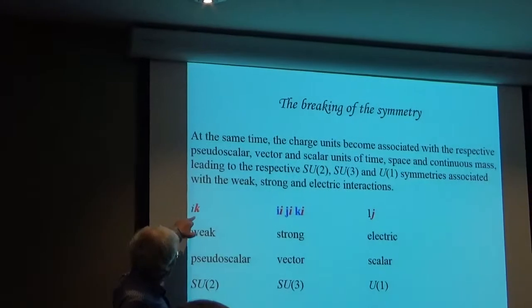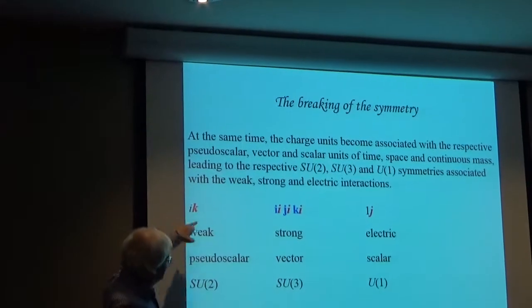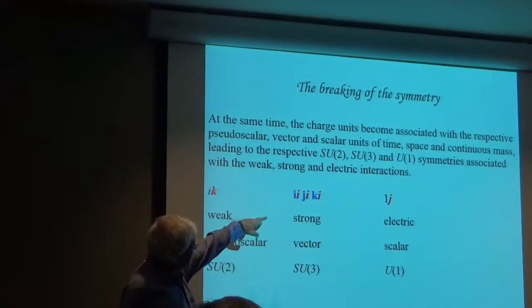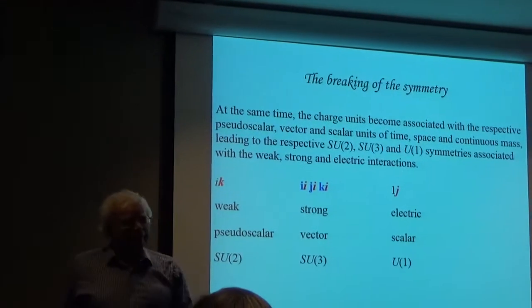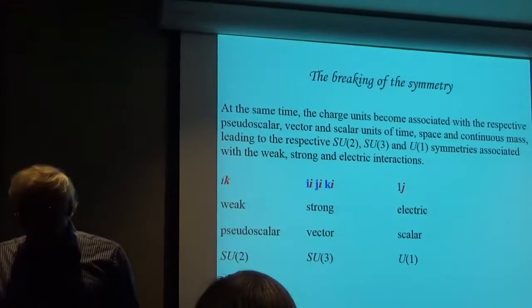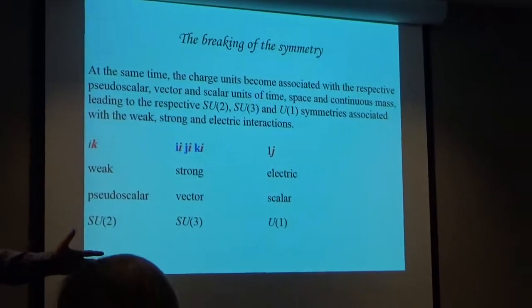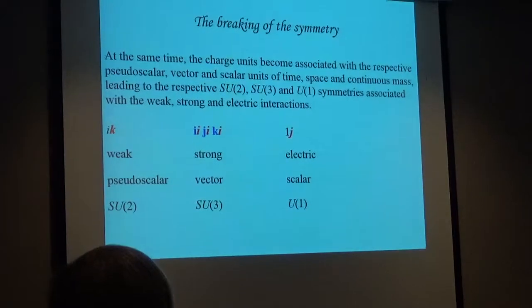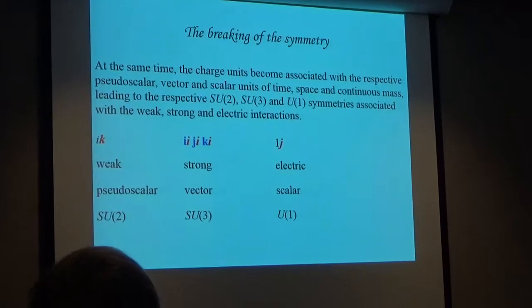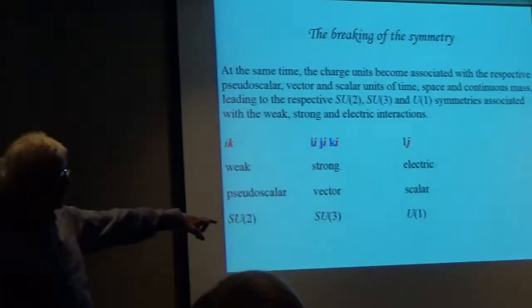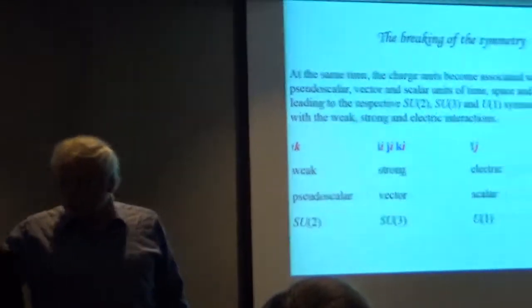So this charge now takes on a pseudo-scalar quantity, that one takes on a pseudo-vector quantity, and that one takes on a scalar quantity. So they behave differently. In principle, they are the same, but they behave differently when we bundle the units together. And this eventually leads to the SU2, SU3, new one, and I've shown that it does.